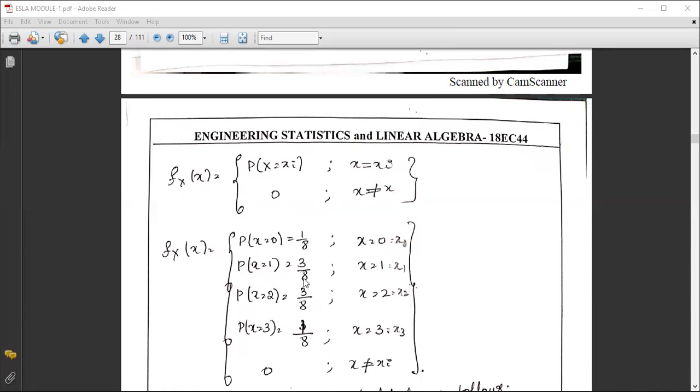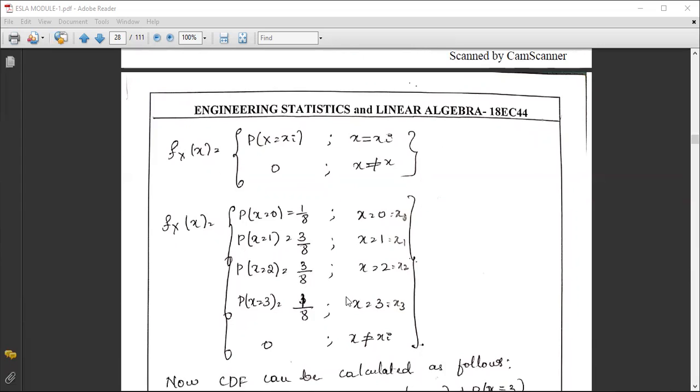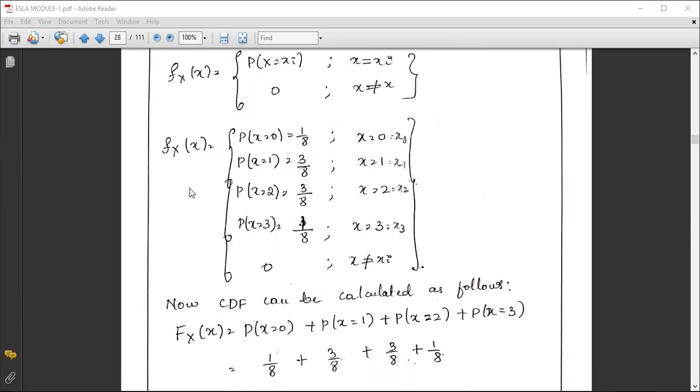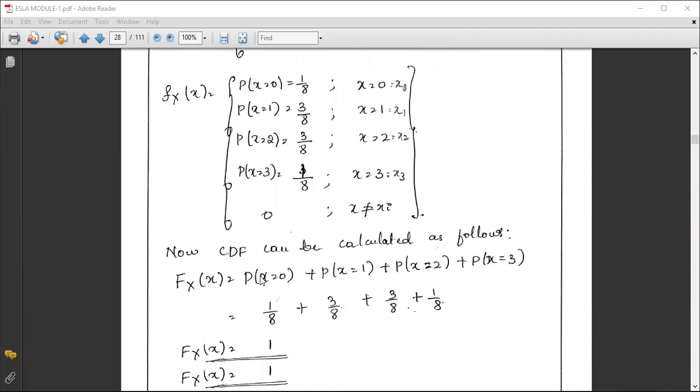The probability of x equal to 1 is 3 by 8, x equal to 2 is 3 by 8, and x equal to 3 is 1 by 8. Otherwise, if x is not equal to xi, then this is 0. This is the probability mass function.